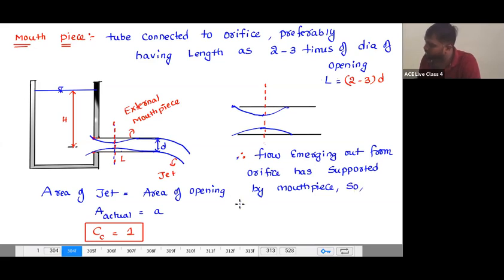So the pressure in the vena contracta need not be atmospheric pressure. The pressure in the vena contracta is less than atmospheric pressure.